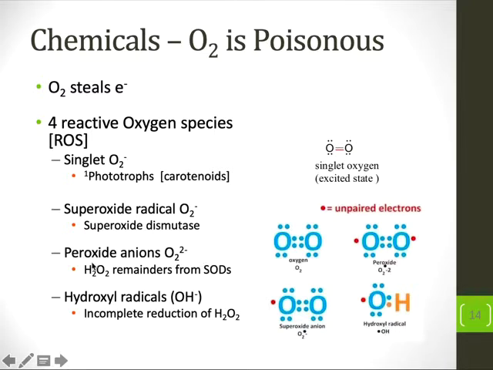So you have hydrogen peroxide, which is produced from that reaction. You also have hydroxyl radicals, OH, and you see the extra electron, and it's formed from incomplete reduction of hydrogen peroxide.